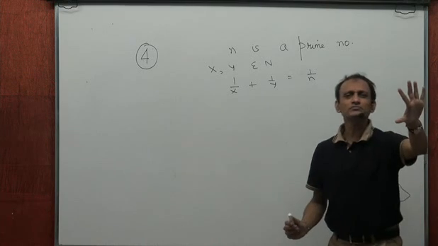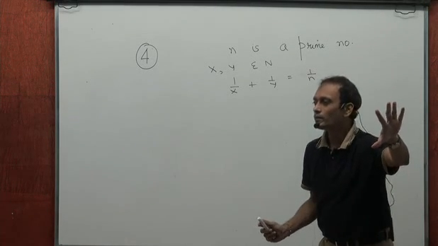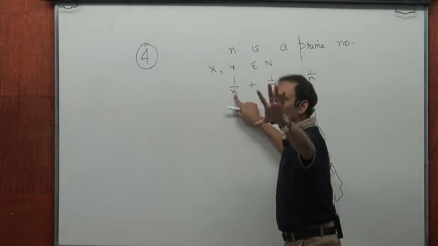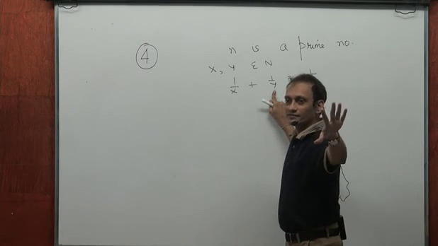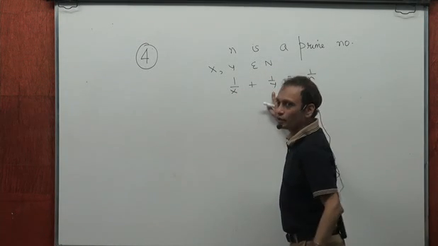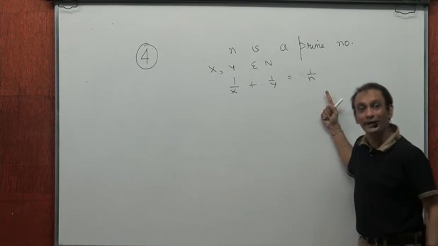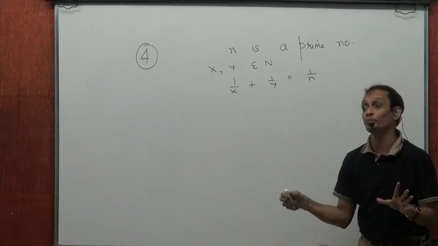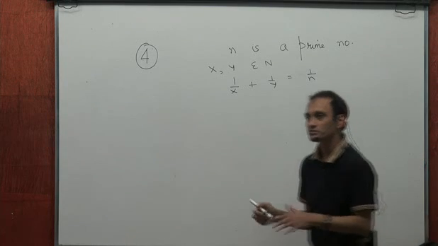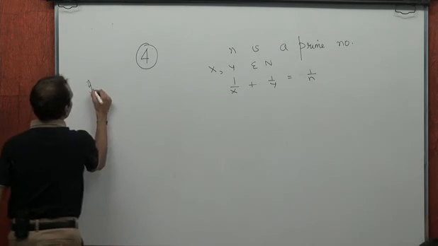By inspection, one pair of x and y could be x equal to 2n, y equal to 2n. See, 1 by 2n plus 1 by 2n would be 2 by 2n, which is 1 by n. So 2n comma 2n is a solution obtained out of inspection, isn't it?